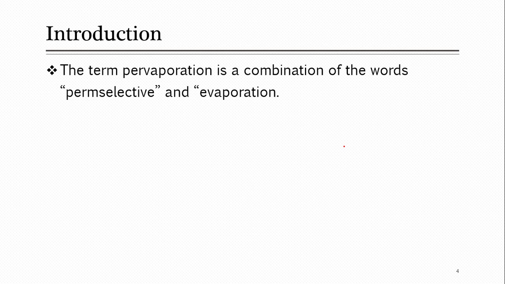The name pervaporation is a combination of two words: permselective and evaporation. If you just take per and then vaporation, pervaporation is the combination of this. What does this mean?